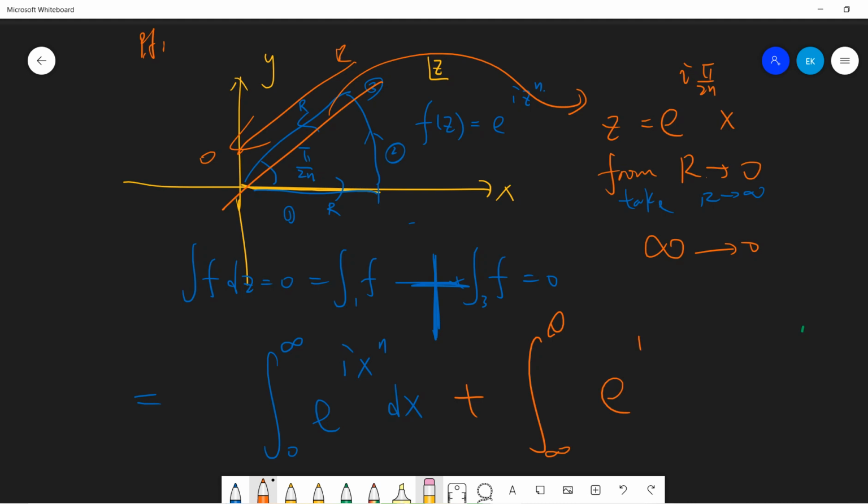And the exponential of i z^n, right? z^n will be exponential of i pi divided by 2 times x^n, so it's i x^n. So you see a trick. This term actually becomes minus x^n, and dx, right? So dx gives you dz, right?